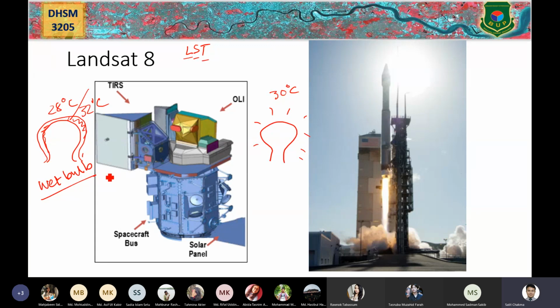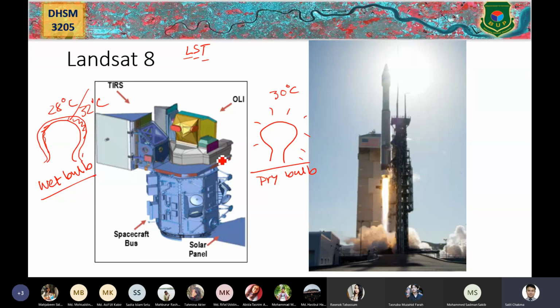If the moisture content is very high, you will feel very hot. If it's quite low, you will feel less hot or less warm. And the dry bulb, without considering moisture, is the actual temperature that you get in the weather application on your mobile phone. So anyway, that was a very long explanation that I gave just now.